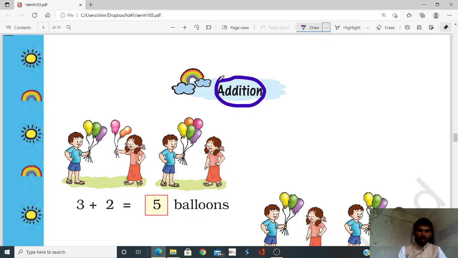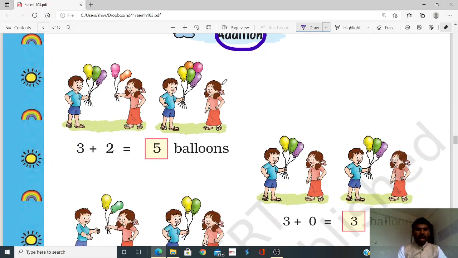Addition. We have to make addition of balloons. Okay, here we have given an example already. You can see this boy. You can see three balloons are in the hand of this boy, and two balloons are in the hand of that girl.